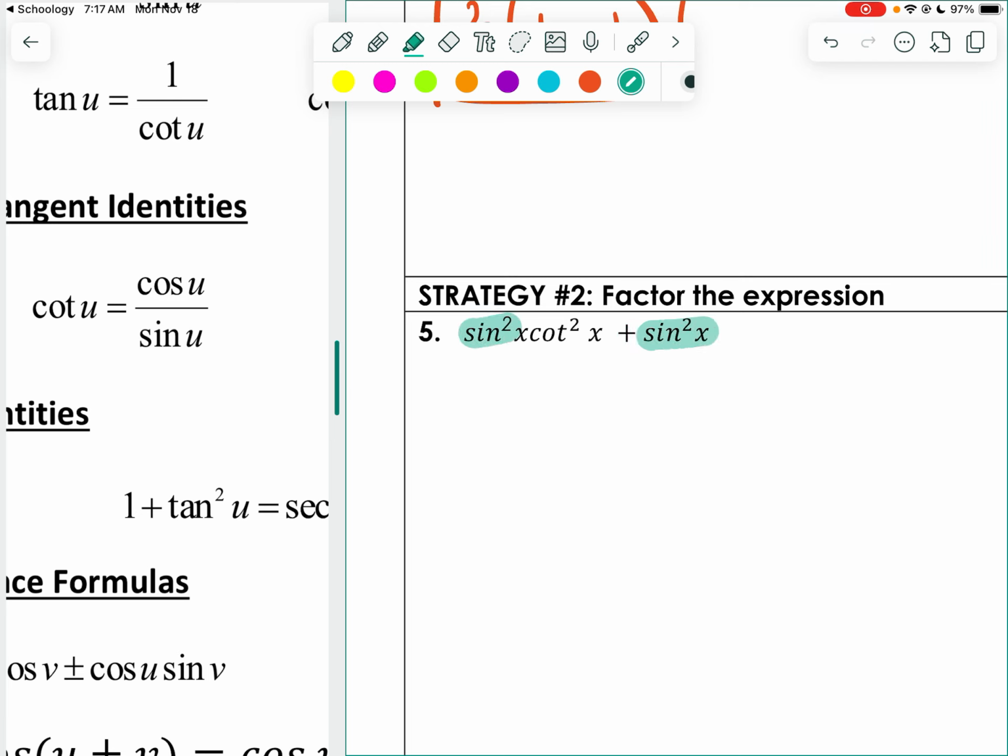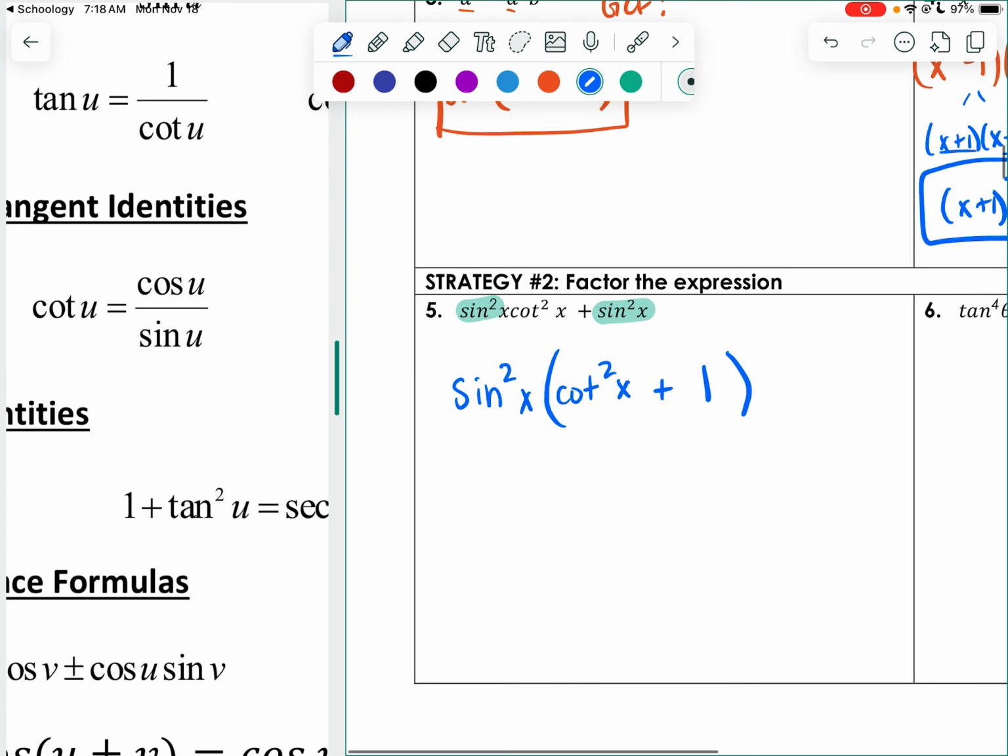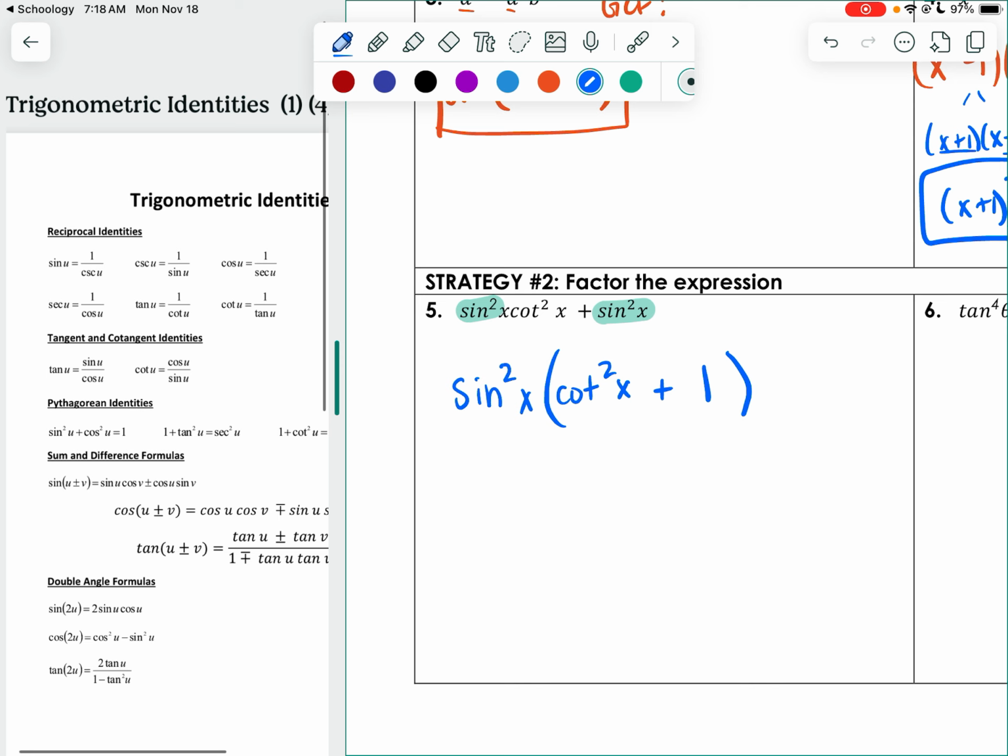These both have a sine squared in them, so I could take out a sine squared. Figuring out what's left, the first part would be cotangent squared. The second part would be just 1, right? That's taking a sine squared out of everything. You could break this down to sines and cosines, but the fact that there's a 1 here should trigger me to go look at my identity sheet.